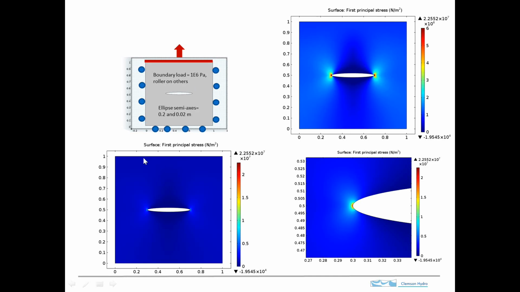And when we do this and plot the first principal stress, we get this. So at first blush, it looks like there's not much happening. But let's take a look at the scale here. So this is 10 to the 7th.